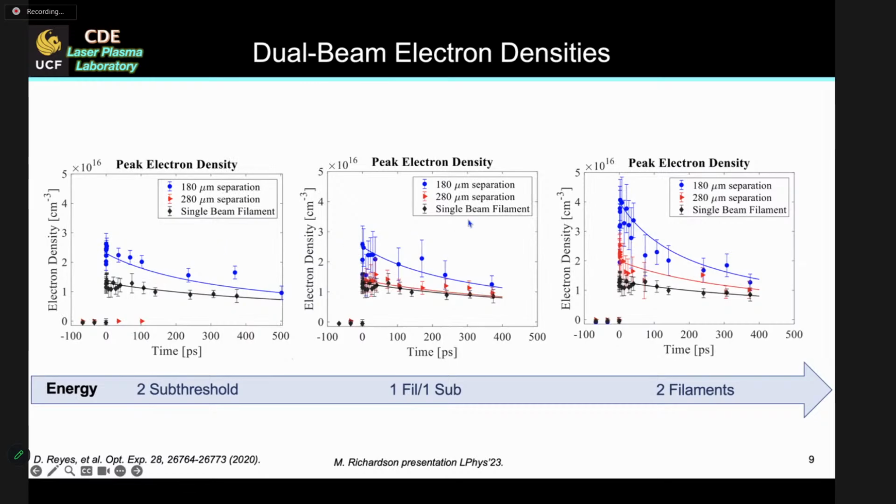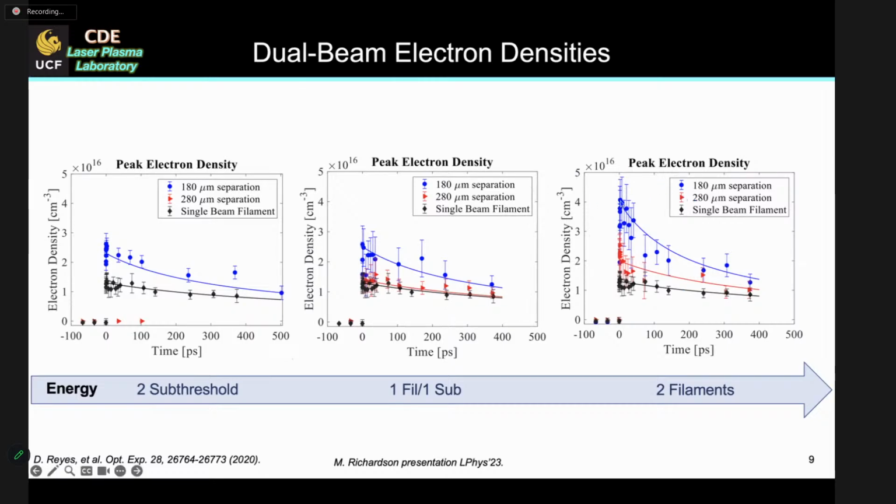And you can see the electron density and the separation of these filaments for single beam filaments, for two filaments separated by different distances, for different intensities or different powers in the two individual filaments. And you can see particularly on the right hand side, the case where we have two filaments above the intensity threshold for filament formation.